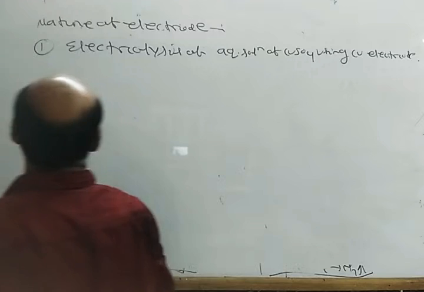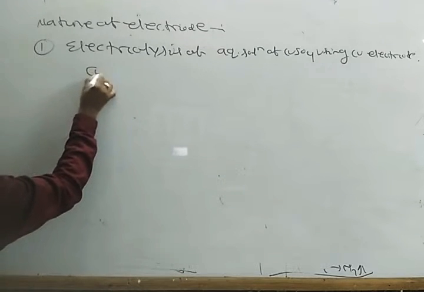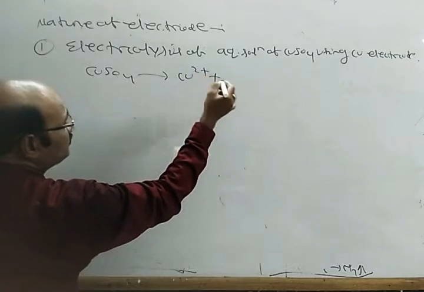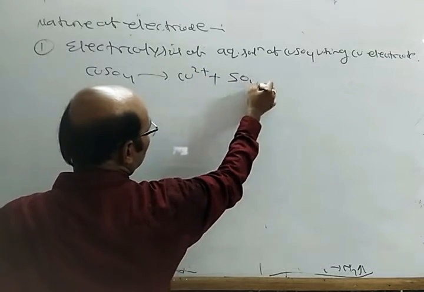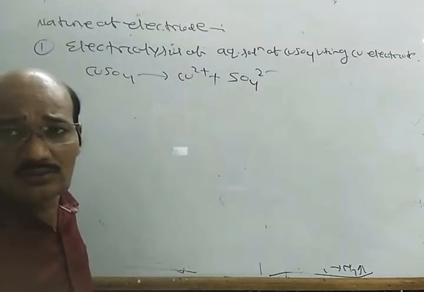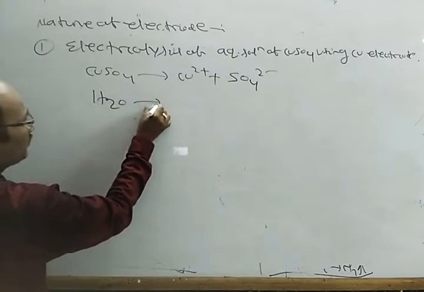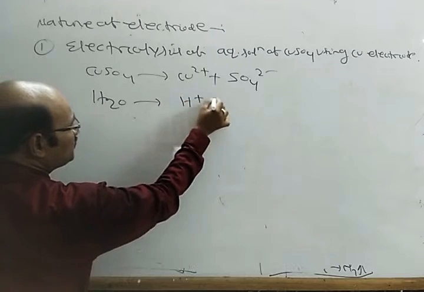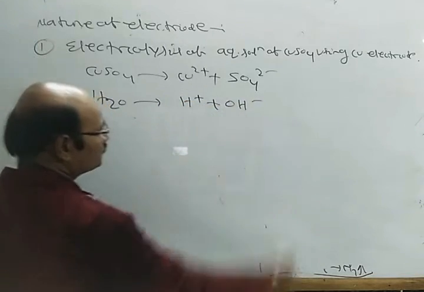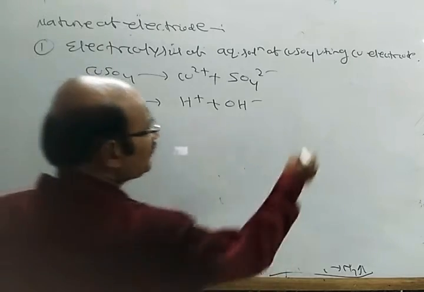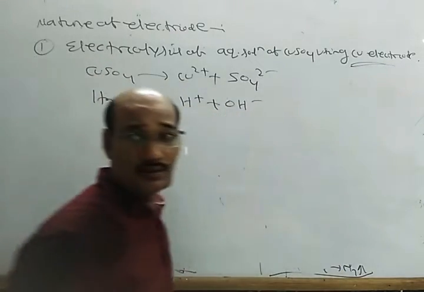So we have copper sulfate, CuSO4, giving Cu2+ and SO4 2-, and we have H2O giving H+ and OH-. Now we have a copper electrode, attackable.